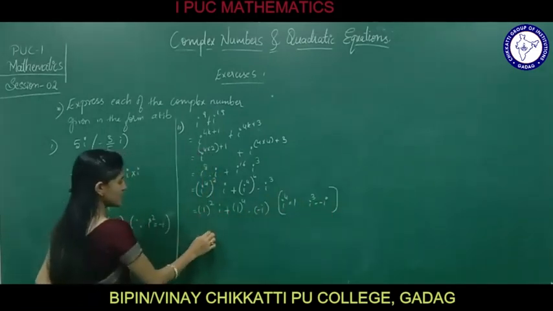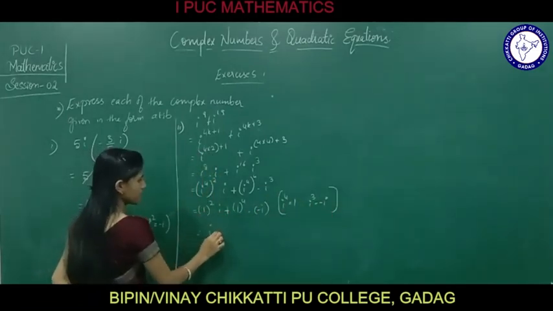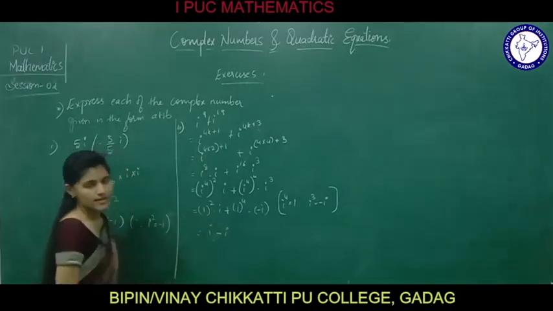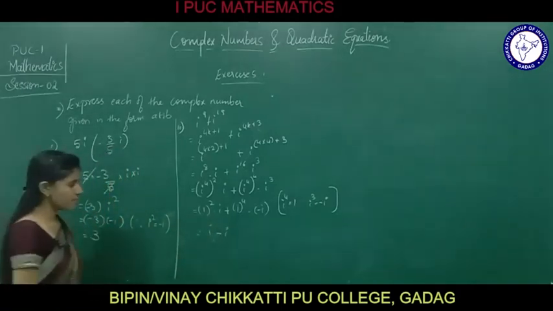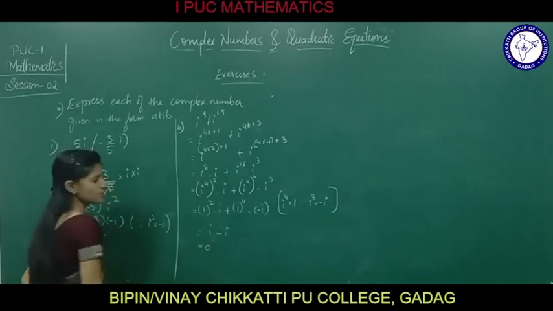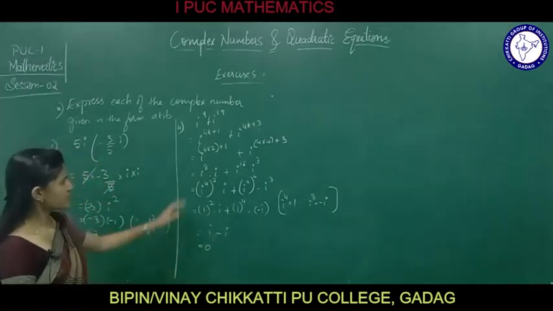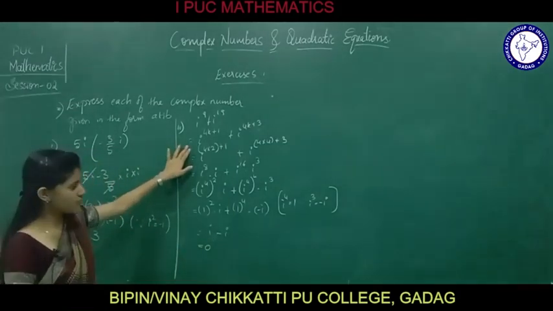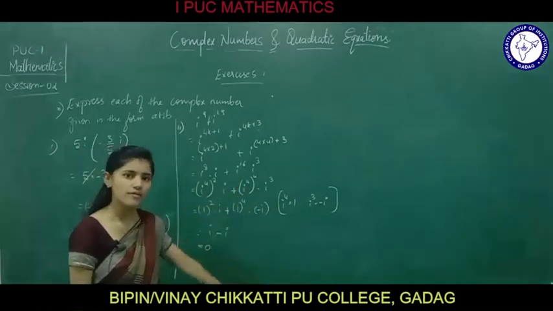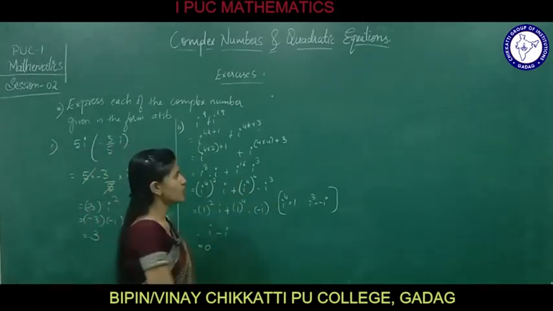Then I am going to get i minus i, which is equal to 0. I have just used the general form and substituted the powers of i. I hope you all are following.